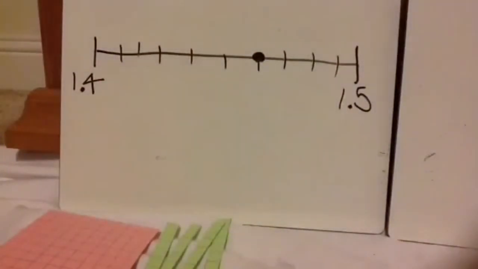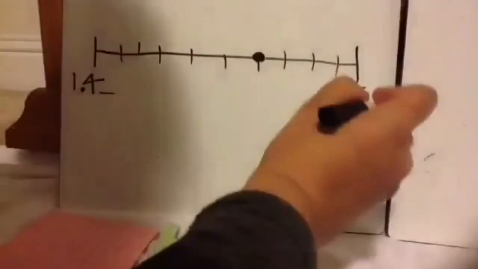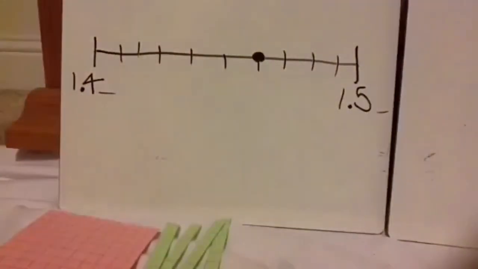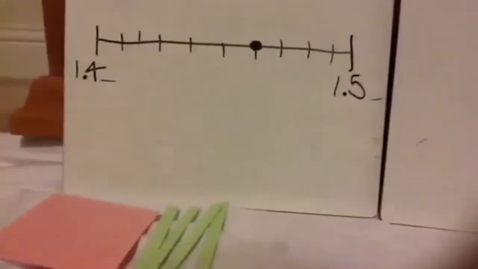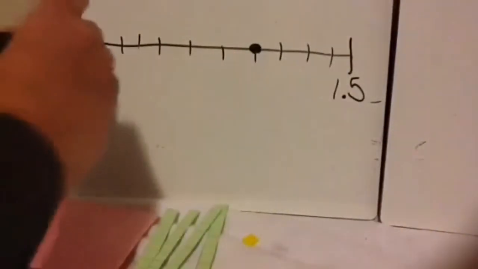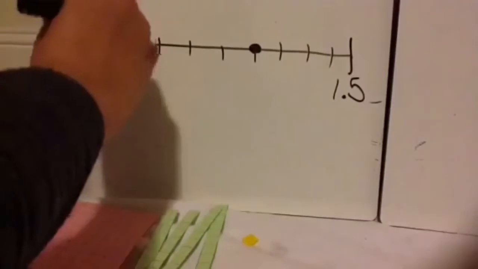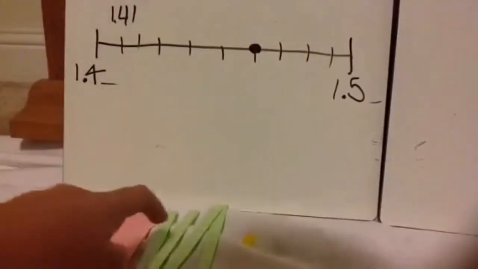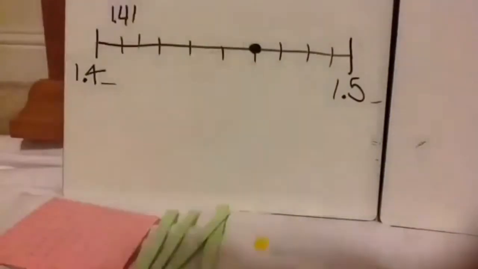You need to go into now the hundredths place. So you're going to add 100th. So 1 and 4/10 plus 1/100th is now 1 and 41/100ths. 1, 10, 20, 30, 40, 41.